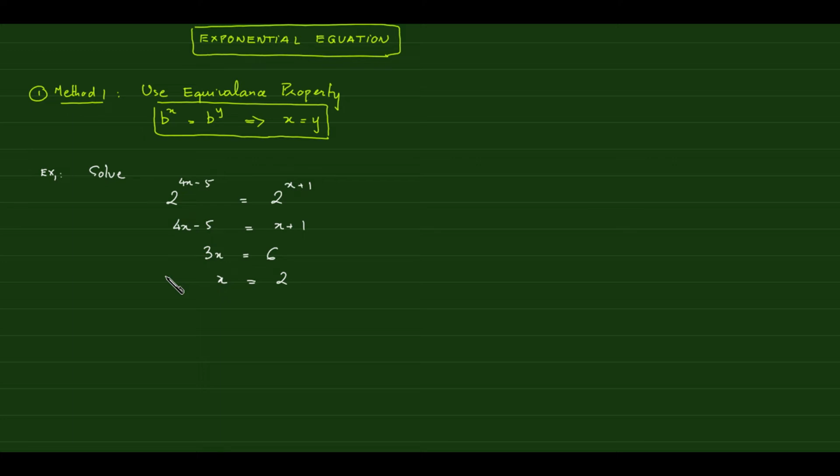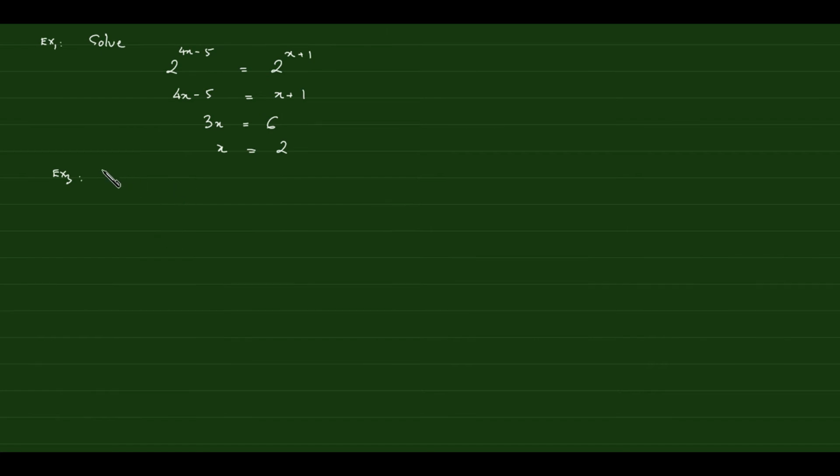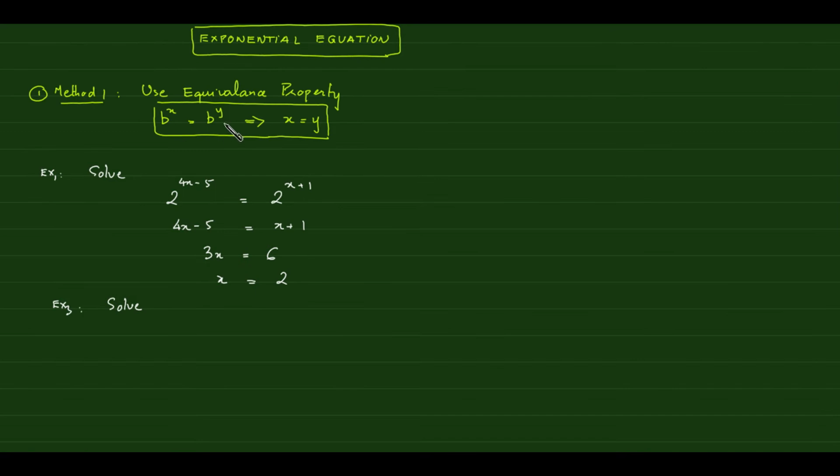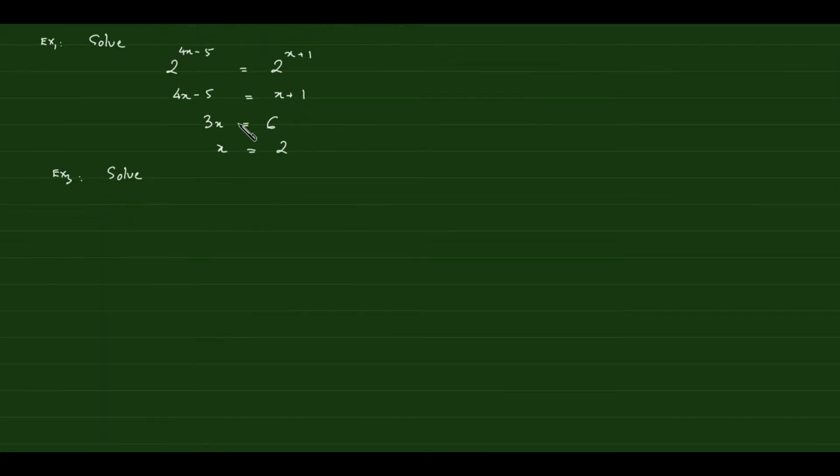If it is a different base, then we gotta do something so that it has the same base. Or if it has three exponential expressions, then you gotta bring it back to two only, because with the equivalence property, we have only two bases. If we have another base, then we gotta combine it.